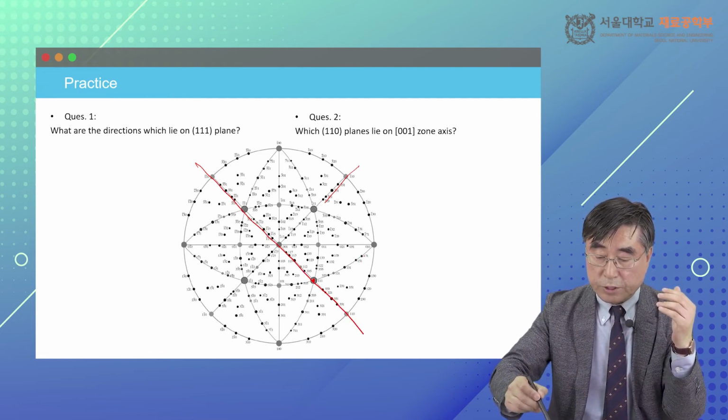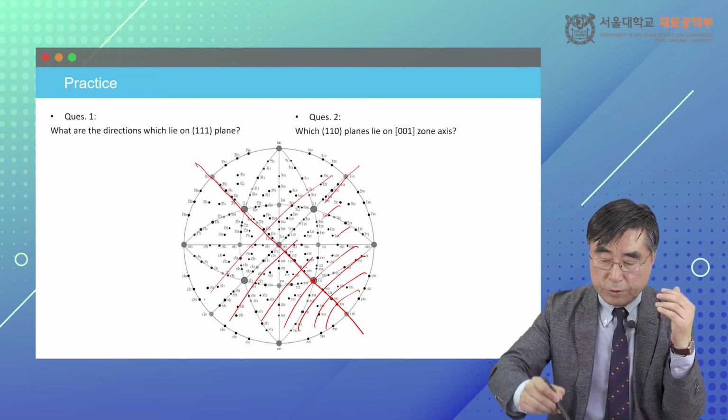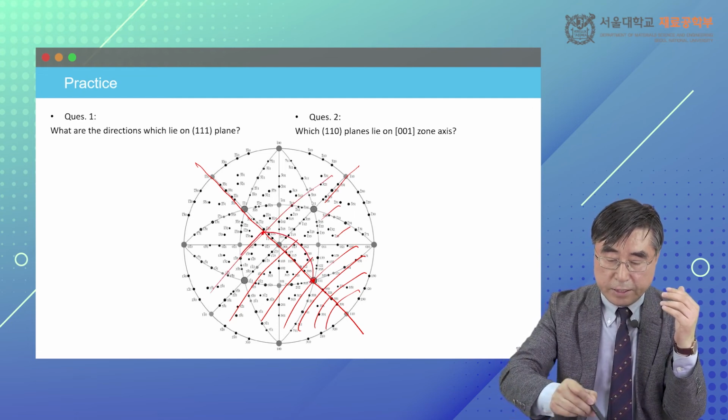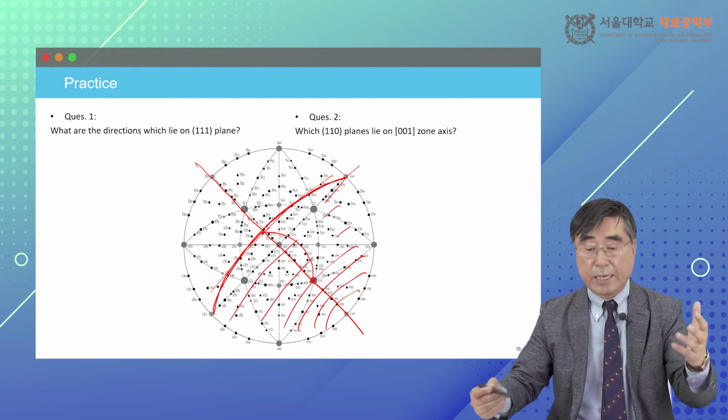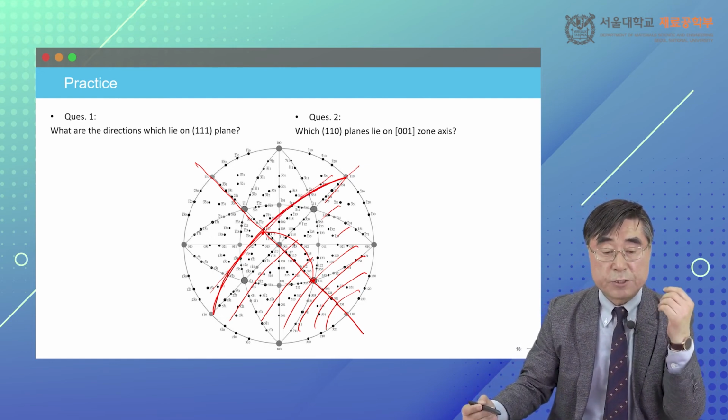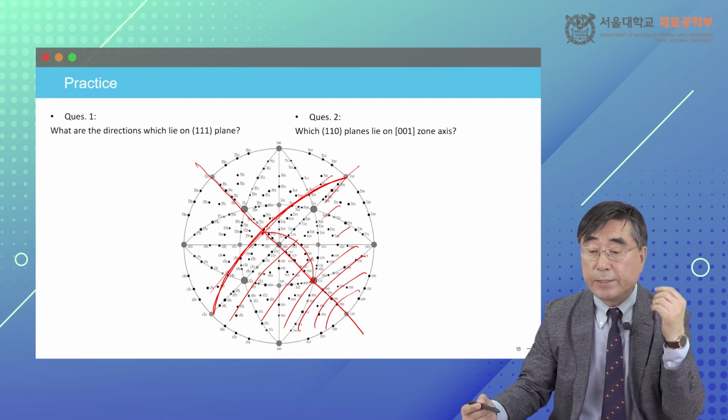Then there are part of the small circles, looking like this. Then you draw a 90-degree angle in here. Then there is a set of lines you can draw, which are separated by 90 degrees. Those are the directions which lie on the 111 plane.